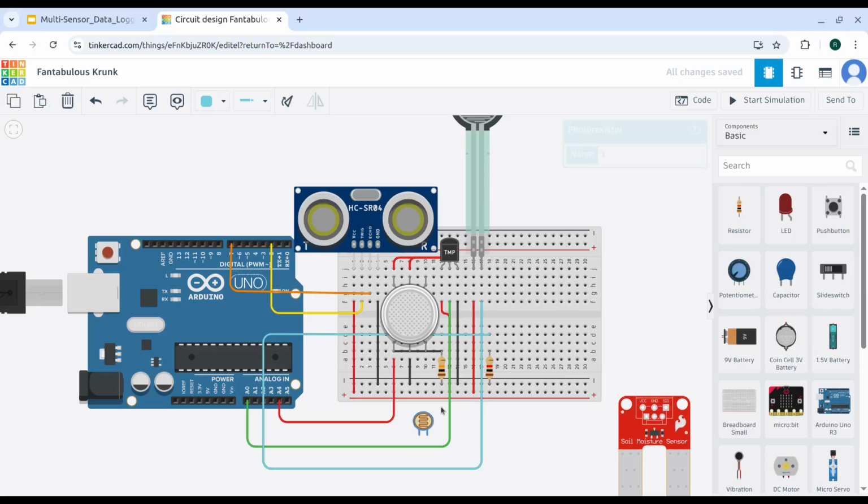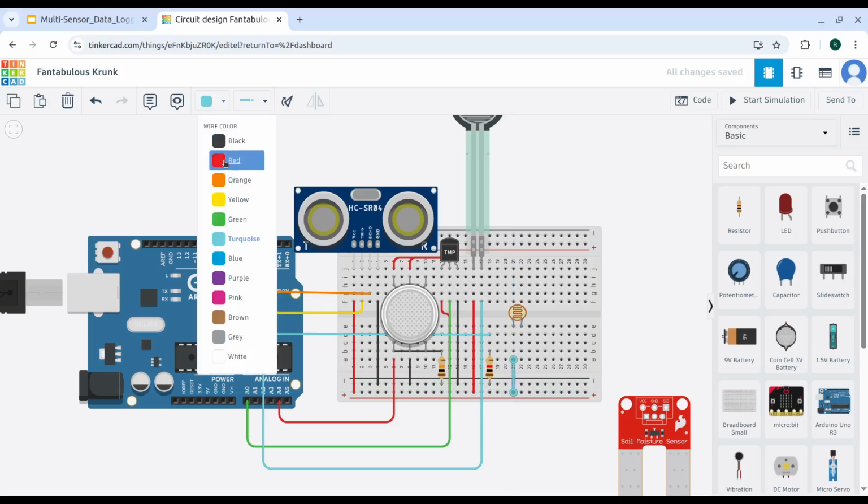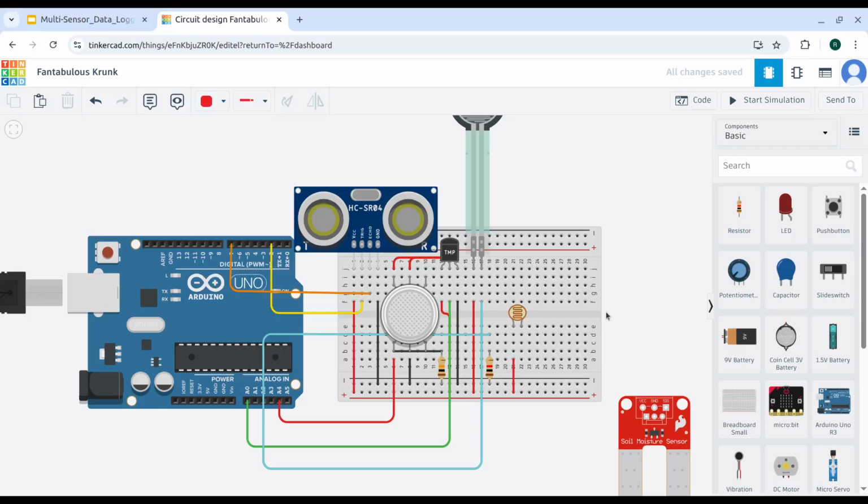Now photoresistor. So I am connecting this to here. So it should be connected to the positive rail, 5 volt. Then we need one 10 kilo ohm resistor. Then we need to connect this to ground.